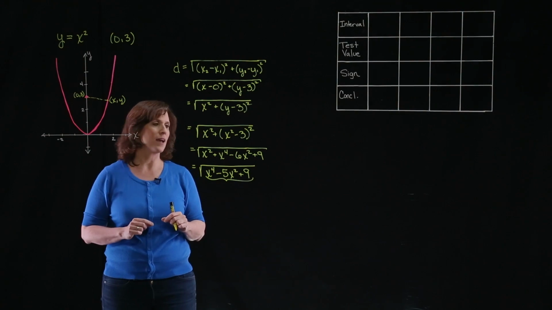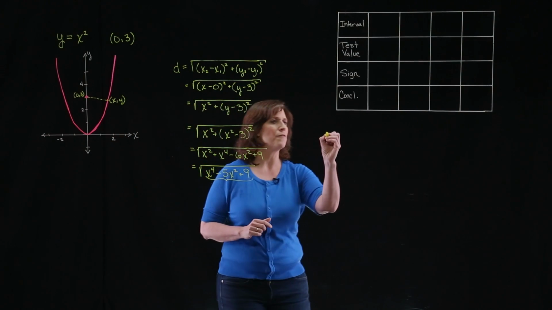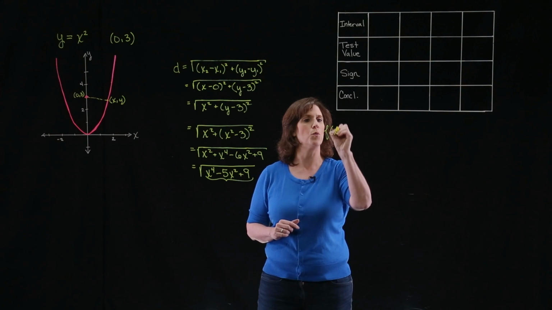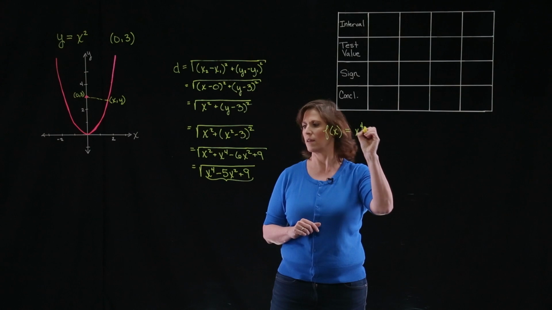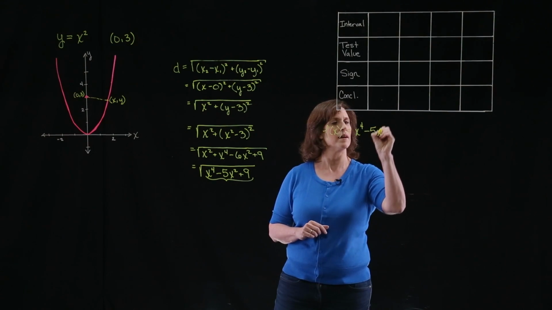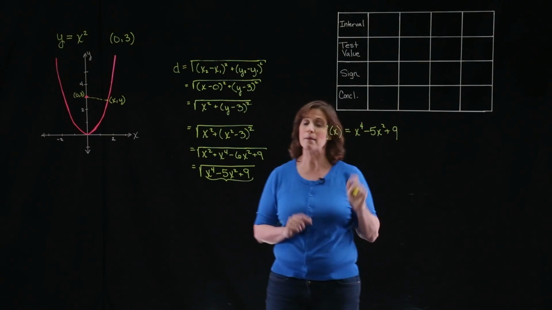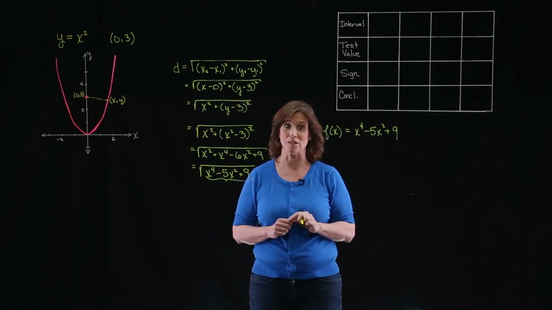So I'm going to take a little shortcut, and I'm going to let f of x equal just the inside portion of that function, x to the 4th minus 5x squared plus 9. And I'm going to try to find the minimum values of this function.